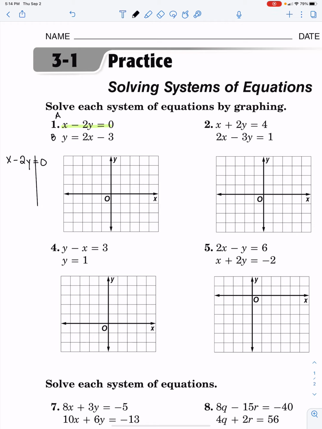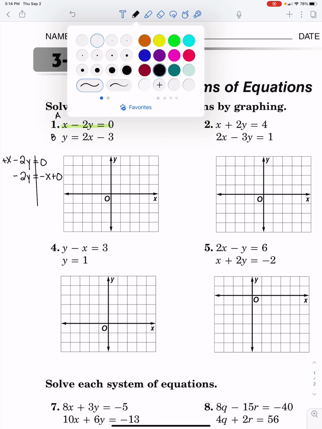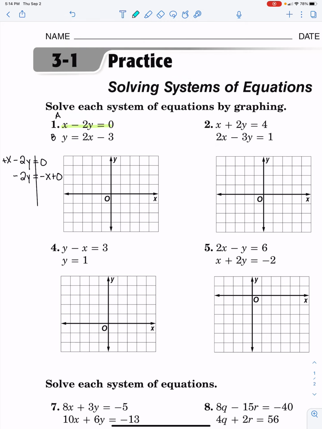Then I'm going to move this positive x to the right side of the equation. So I'll have negative 2y is equal to negative x plus 0, if you so choose to put that plus 0 there. Going to divide everything by negative 2.